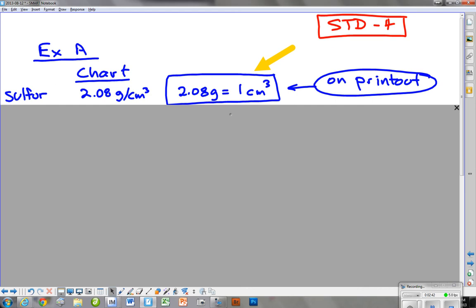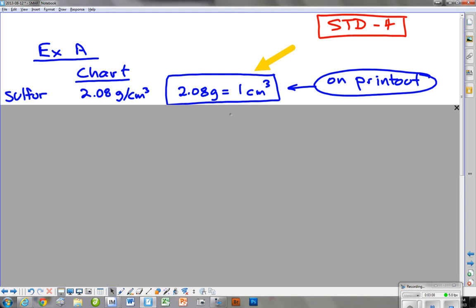Because remember earlier we talked about if A equals B, what is A divided by B? 1, because A and B are the same. If we have A over B, it's 1. What about B over A? It's 1, because both sides of that equality are the same thing.